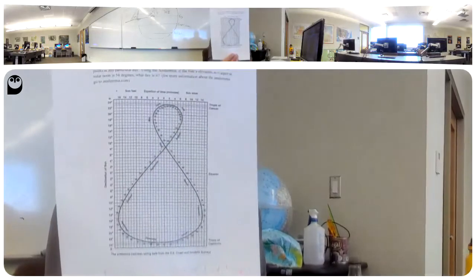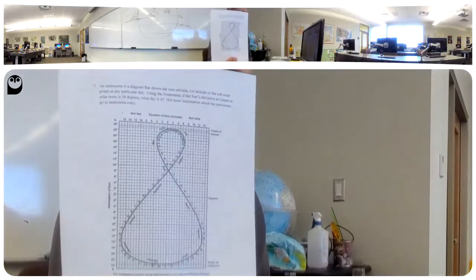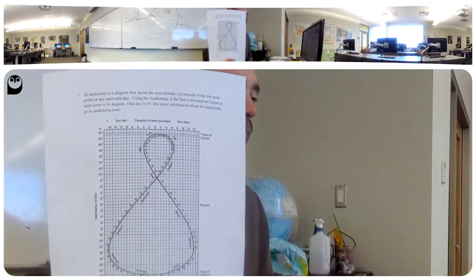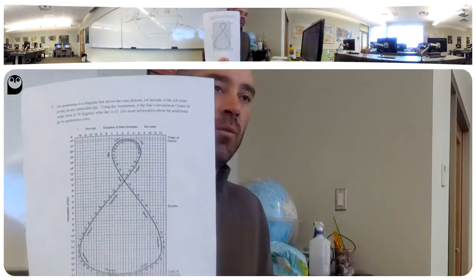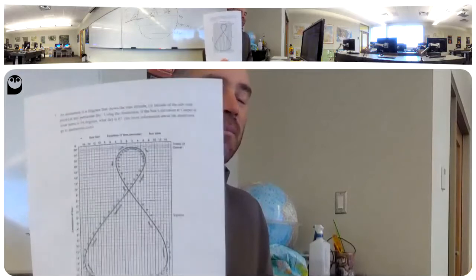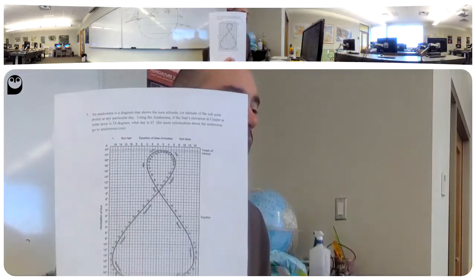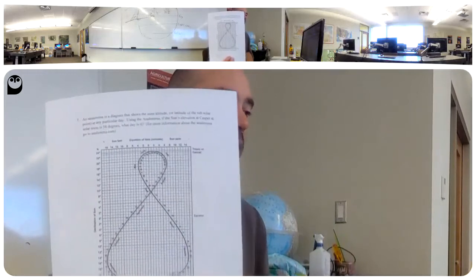Again, to reiterate, the analemma shows, on a certain date, where the subsolar point is. Where is the sun hitting the Earth vertically with its rays? So for example, let's do an easy one, September 21st.